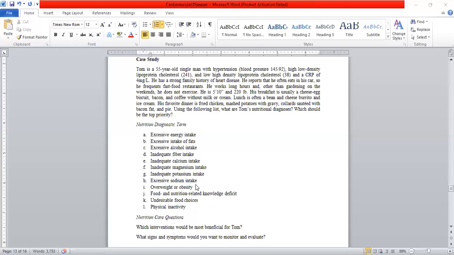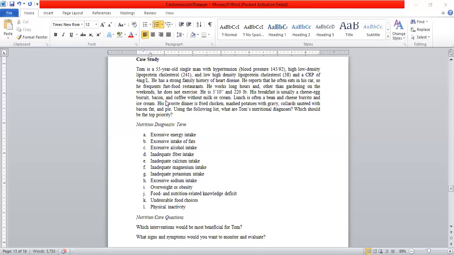Why? Because of the fast food from the restaurant, the intake of things like cheese, also things like bacon. These are processed foods. And what happens is that salt is added as a preservative.